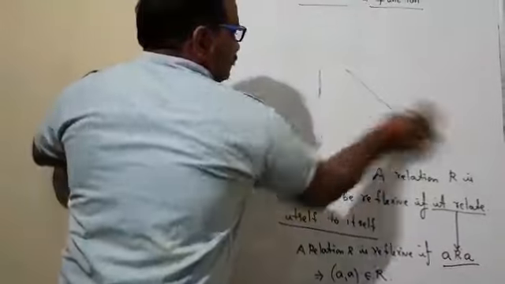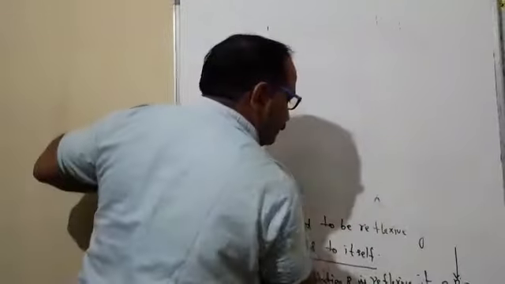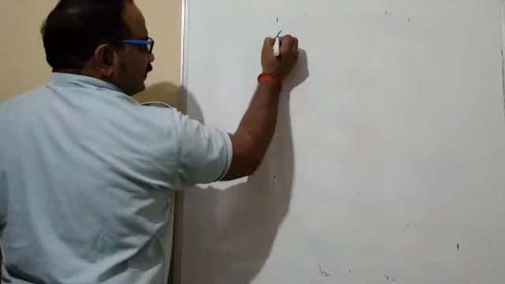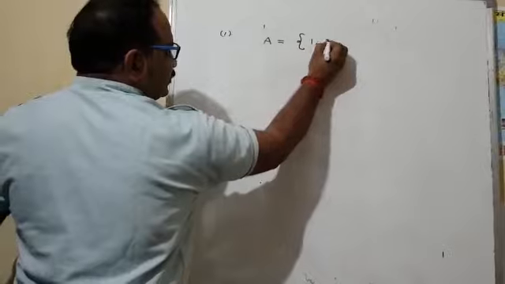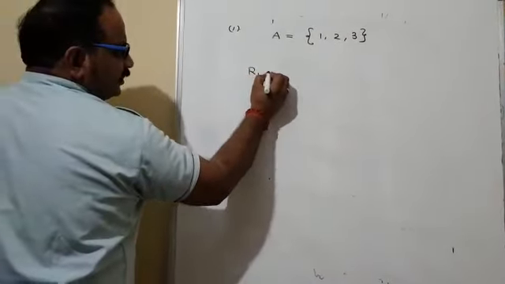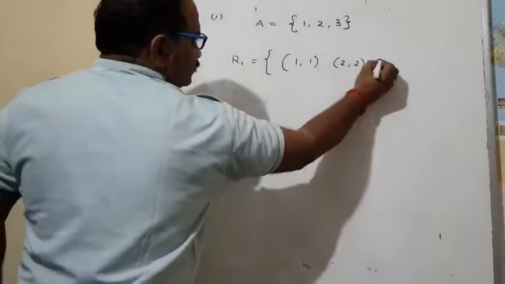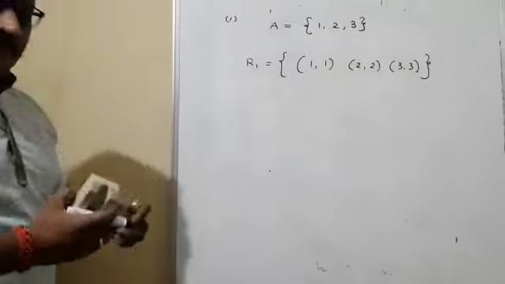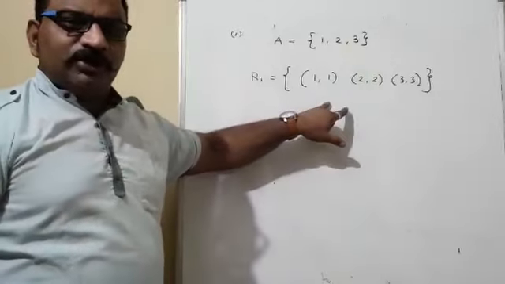Exemplary, so if I am quoting some examples for clarifying this reflexivity, say guys, here is the reflexivity example, say set A. The first kind of example is set A, elements are 1, 2, 3. And say relation R1 is given in terms of ordered pairs (1,1), (2,2), (3,3), etc. Now our major job is to understand whether this relation is a reflexive relation or not.